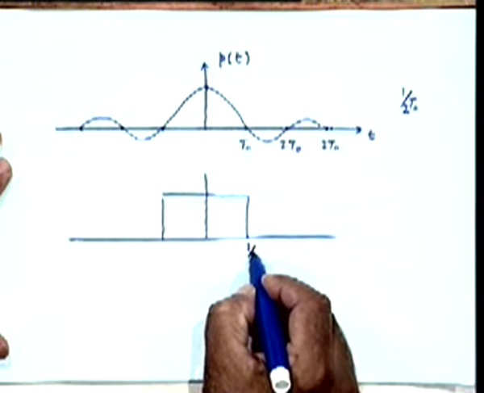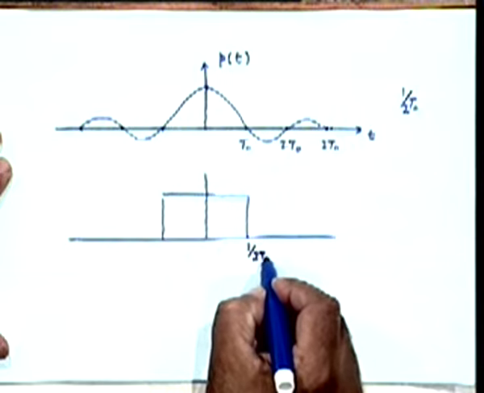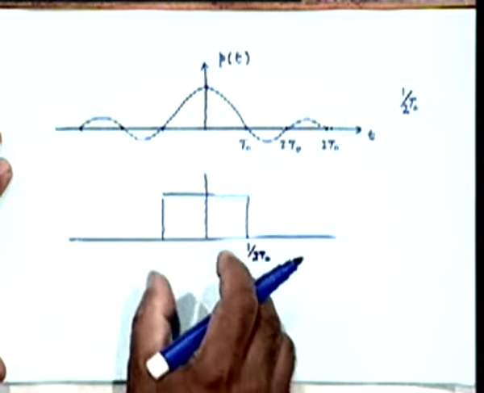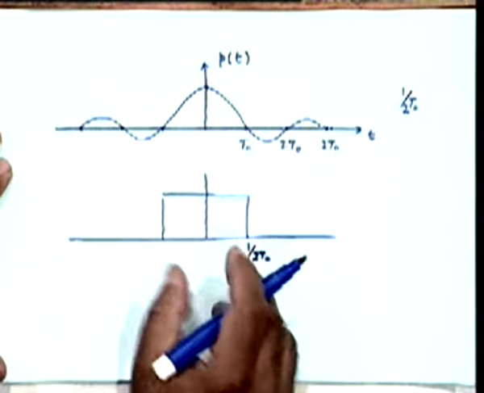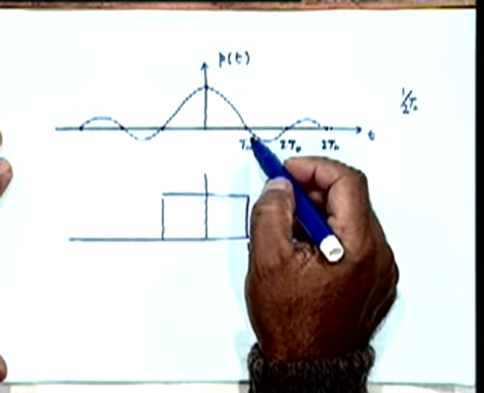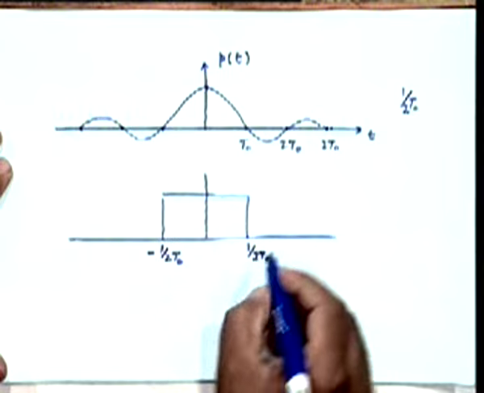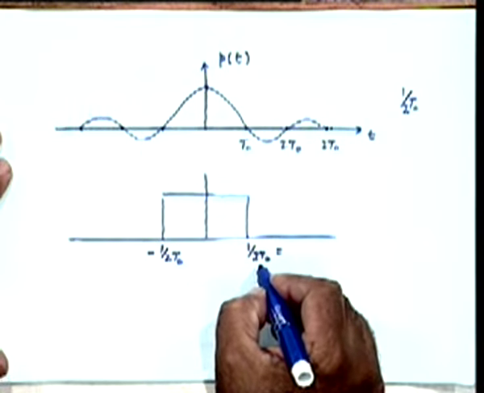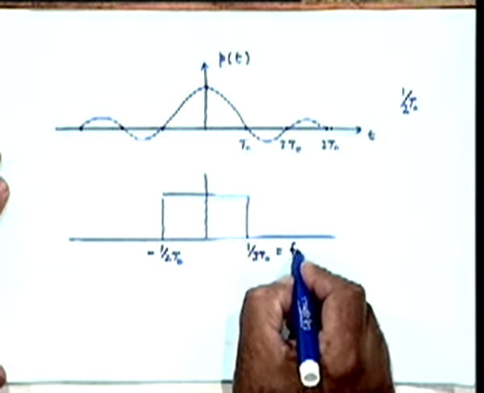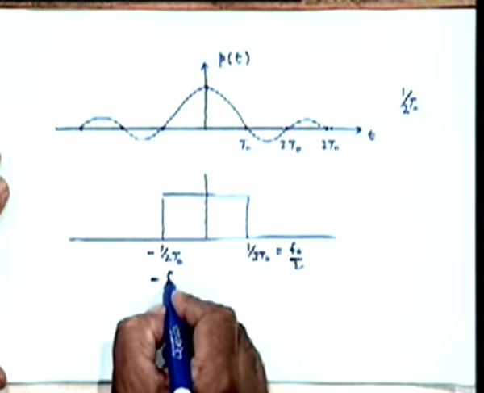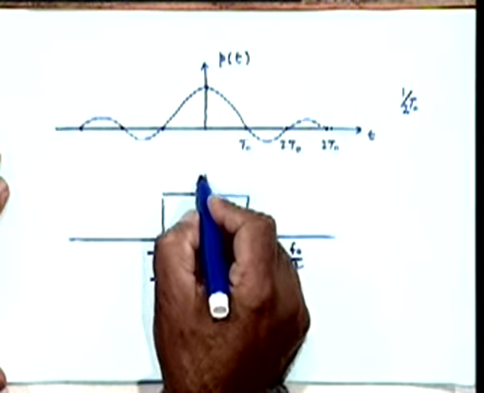I'm sorry, I made a mistake. It is 1 by 2 t0, because the sync function corresponding to that will have a width. We'll call this frequency 1 by 2 t0 as f0 by 2. This is minus f0 by 2.